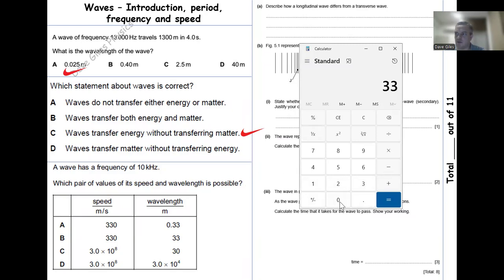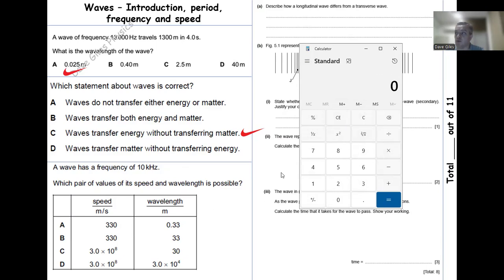The first one will be 330 divided by 0.33 meters, which gives me 1,000 hertz. So I know straight away it's not that. Next one will be 330 divided by 33 meters, which is 10 hertz. Again, it's not that, because remember, it's kilohertz, it's not hertz.